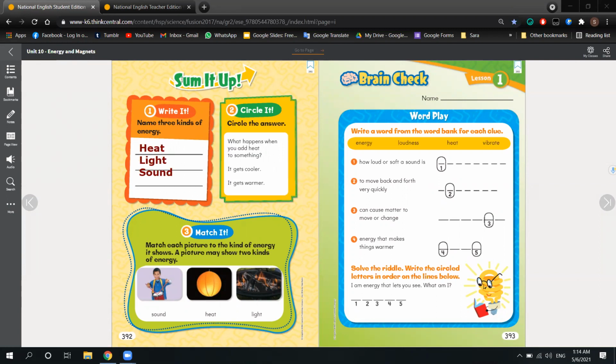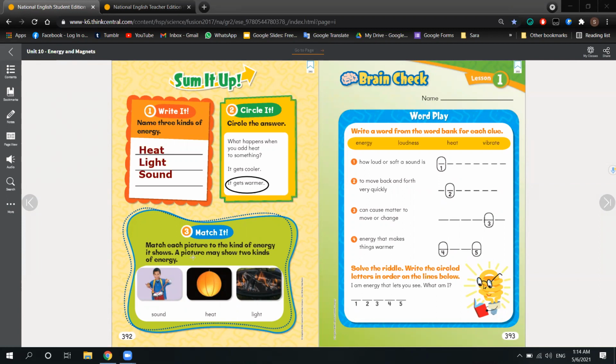Sorry, Zaina. Okay, so we have heat, light, and sound. Now, we have to circle the answer. What happens when you add heat to something? Okay, of course, the answer, it gets warmer, because when we add heat to something, it gets warmer.